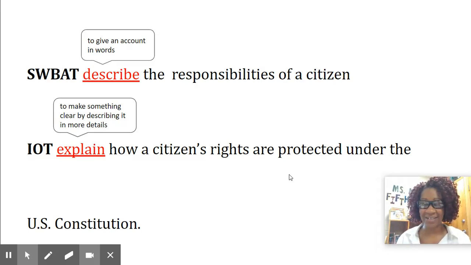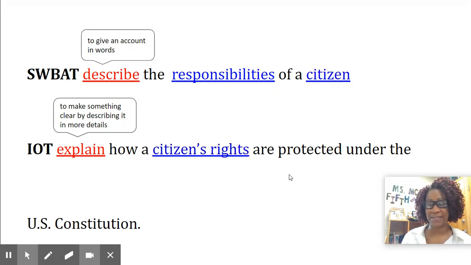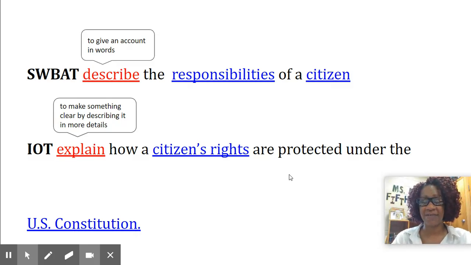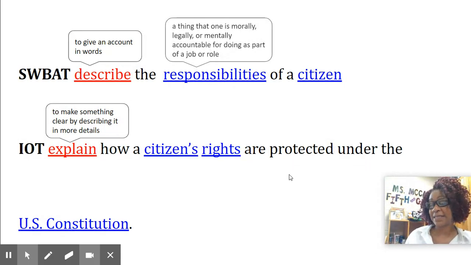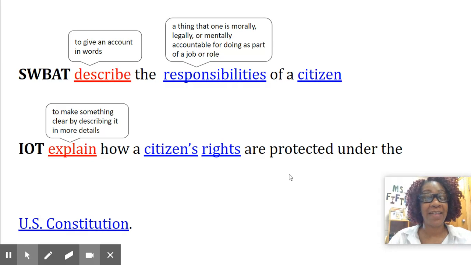Now let's look at these content-specific words, or these special social studies words, that we really need to know the definition of. The first one is responsibilities. Responsibilities: a thing that one is morally, legally, or mentally accountable for doing as a part of a job or role.